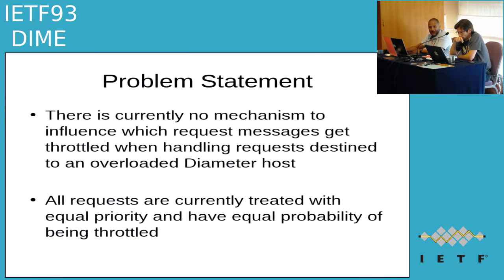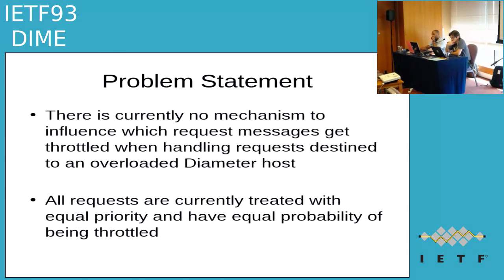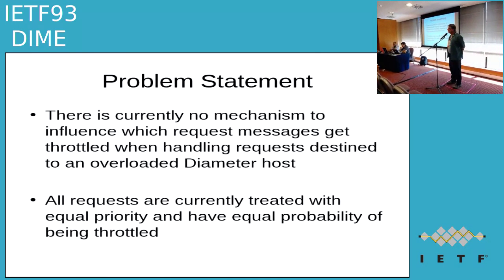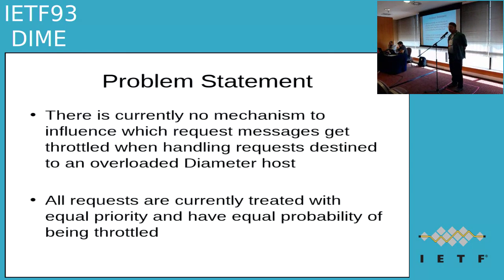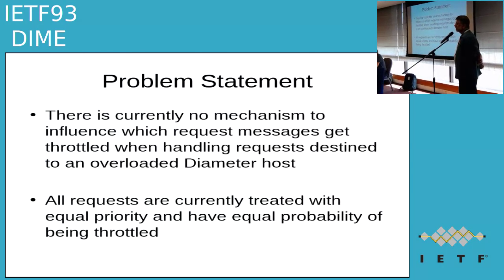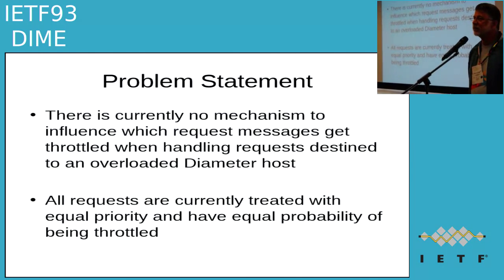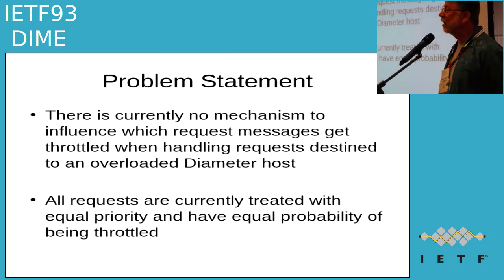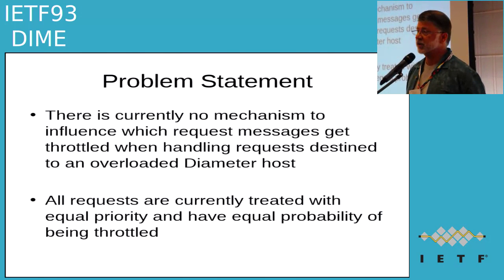The basic problem statement is there's currently no mechanism for a Diameter node to treat requests any differently based on the context of the request. If it gets an overload report and needs to throttle, right now all requests are created equal by definition.